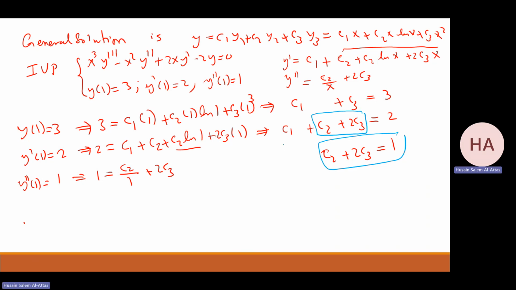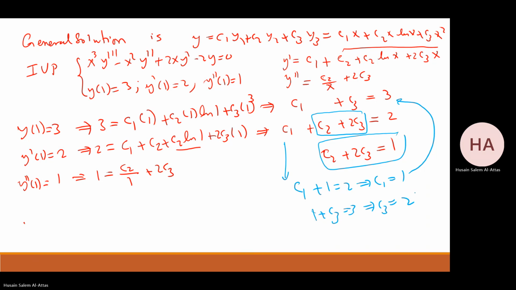So from there, I get C1 plus 1 equal 2. So C1 equal 1. If C1 equal 1, plug it here. I have 1 plus C3 equal 3. I'm getting C3 equal 2. Plug it here. I have C2 plus 4 equal 1. So C2 equal minus 3. So it will be my solution.